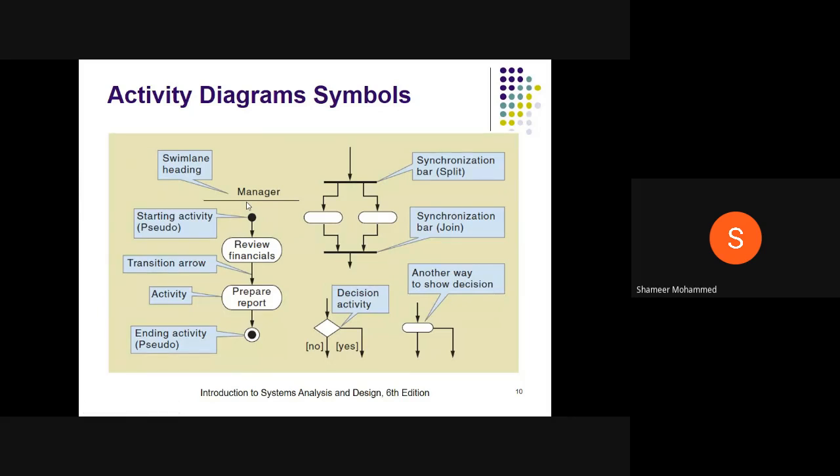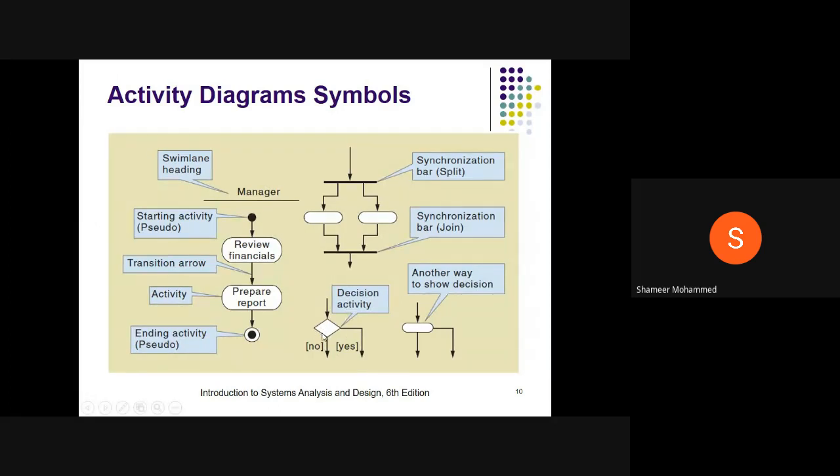What is swim lane? And this circle with this one, this is called bullseye. It shows end of activity. And this one is showing that you are taking some decision.